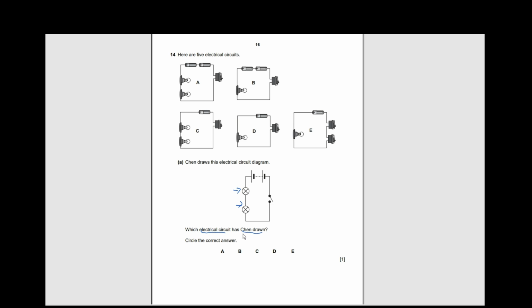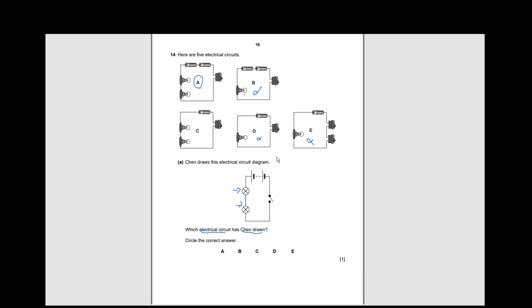Which electric circuit has Chan drawn? Can we say A? It's either A or C. Because B has only one light bulb, and there are two. D is obviously wrong, one light bulb. So you have two options, A or C. Why am I saying A is the answer?